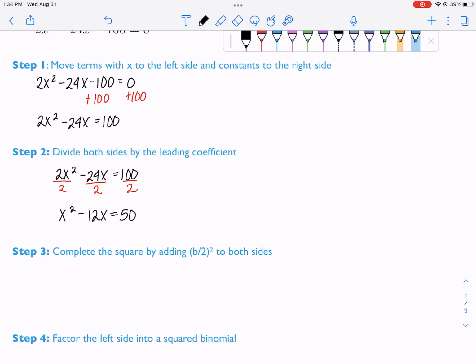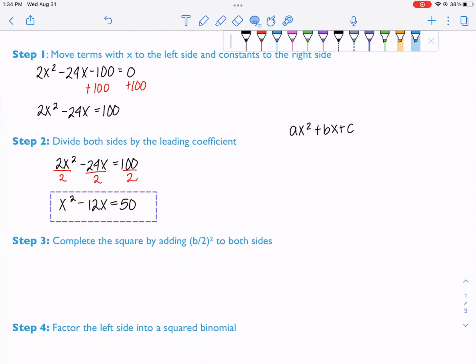To complete the square, I need to take half of this value on the x, divide it by 2. So half of this value squared. So this value divided by 2, quantity squared. The b part comes from the fact that quadratics are in the form ax squared plus bx plus c. So that b is that value right in front of the x.